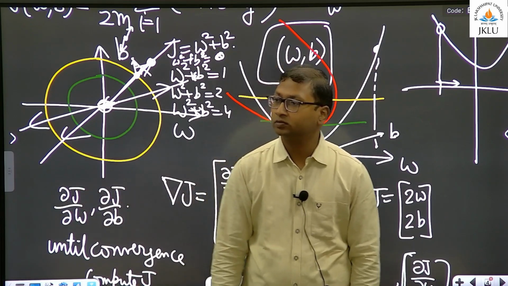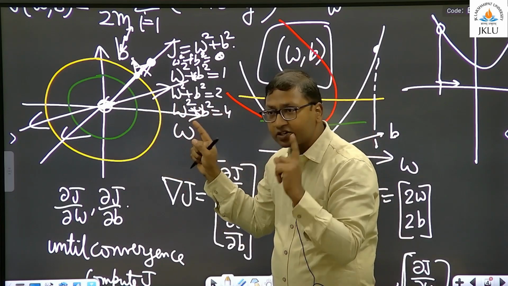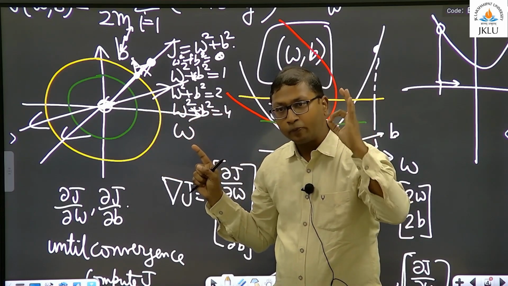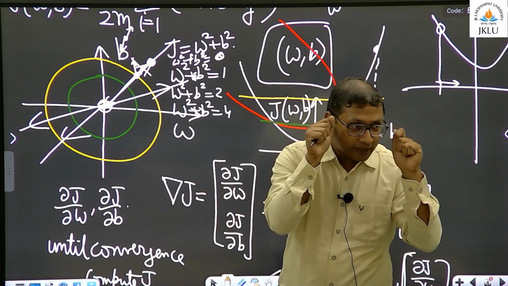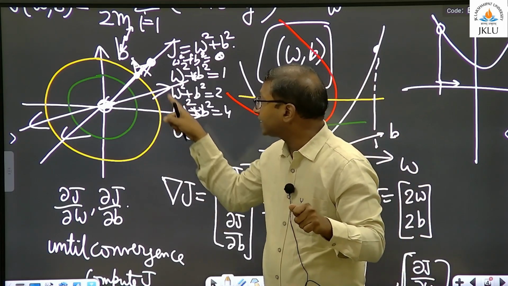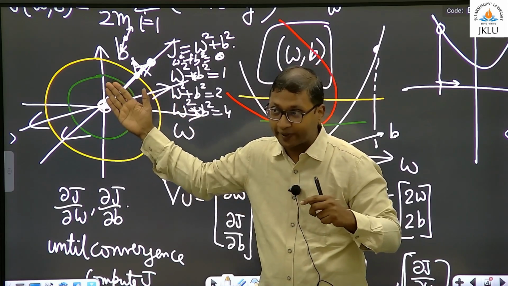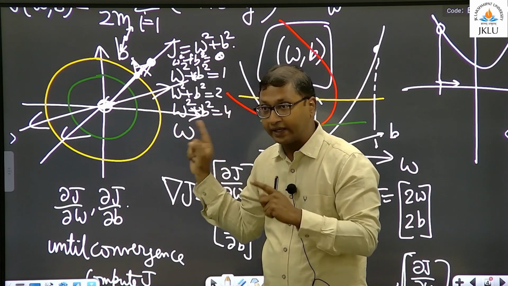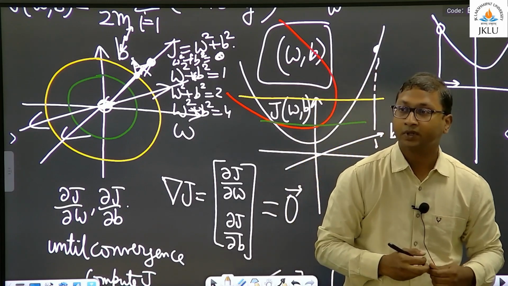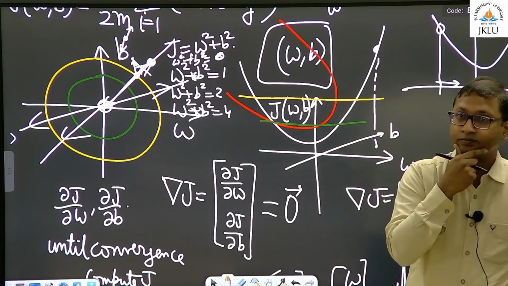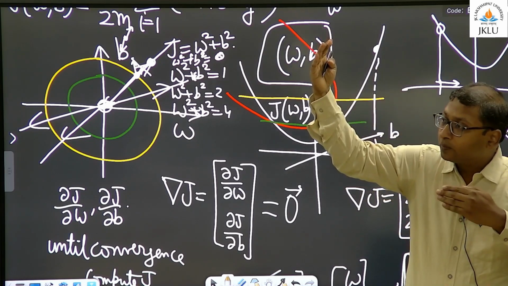No. Grad J, see, if you see J is a function of W and B, all independent values for this particular J, they are taken in WB plane, not in a plane that is parallel to it. They are taken in this plane. Gradient will strictly lie in this plane. Right? Gradient cannot go out of where its parent couldn't go.